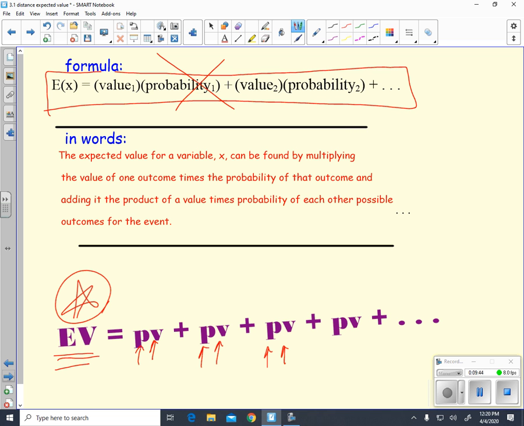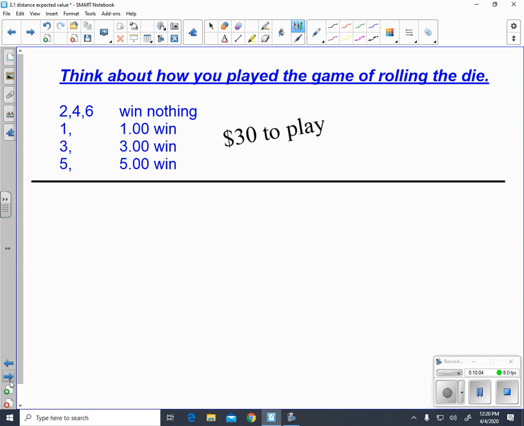So the P's are probability, V's are value. You can see a definition here. Again, not really a definition, but the formula in words. I wouldn't worry about that too much right now. Just remember PV plus PV plus PV like you see here, and then you're good to go. PV plus PV plus PV.